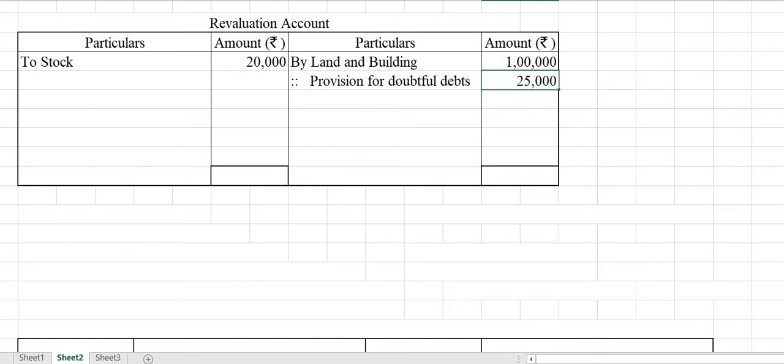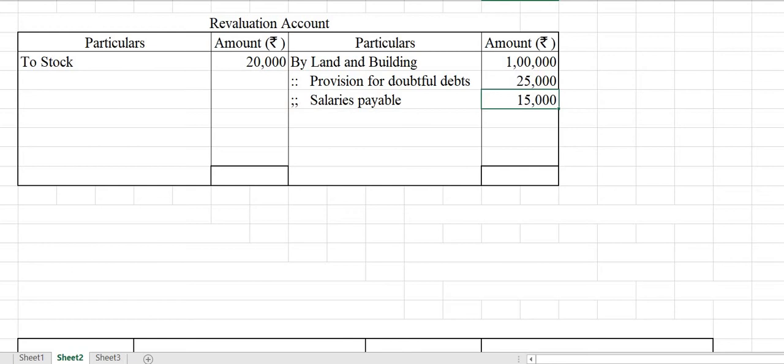Then it says, out of the salaries payable, 15,000 was not payable. Salaries payable was 25,000 with us. Out of that, 15,000 need not be paid. That means that liability also decreased. So the liability decrease will be shown on the credit side by salaries payable, and 15,000 will be written.